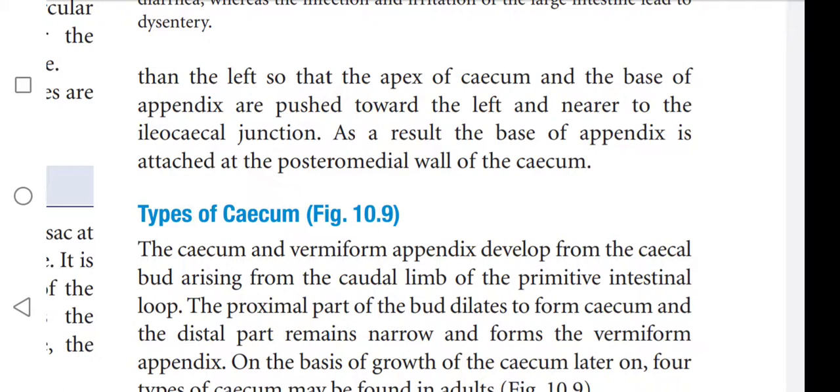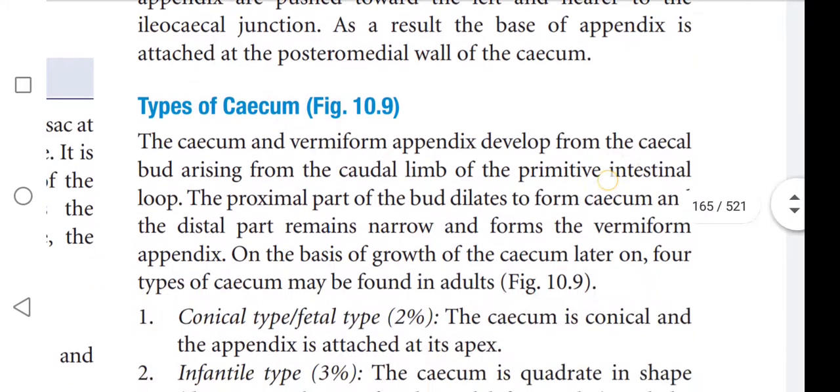As a result, the base of the appendix is attached at the posterior medial wall of the cecum. Where is the base of the appendix attached? At the posterior medial wall of the cecum.